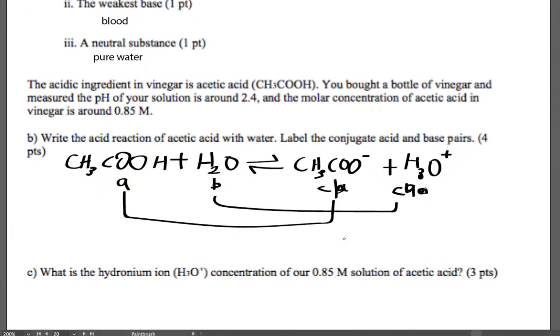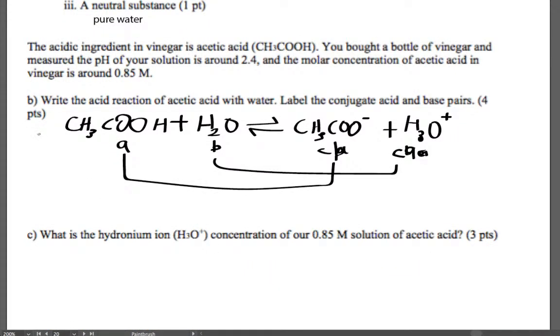What is the hydronium ion concentration of our 0.085 molar acetic acid? So you can basically just take your pH and then ramp it up.